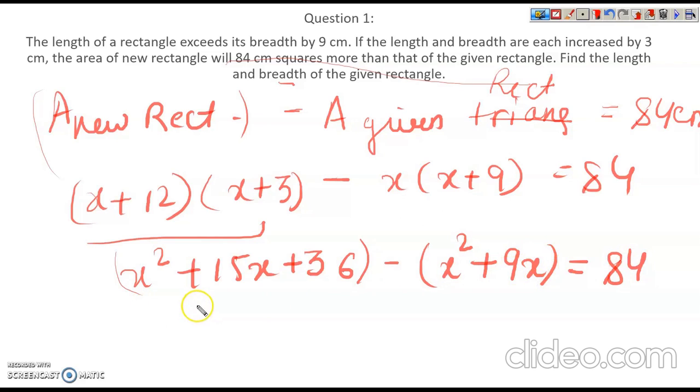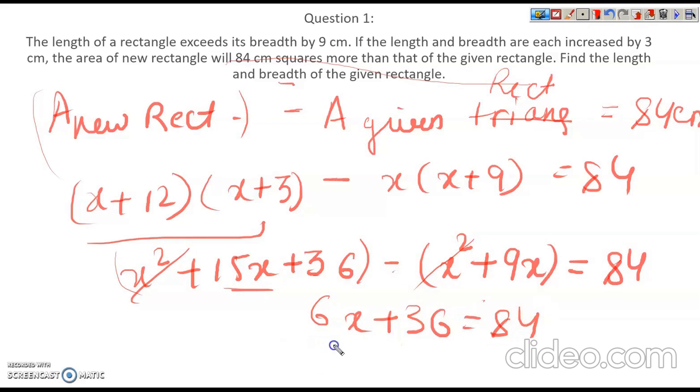Now, when we subtract them, x squared will cancel. 15x minus 9x is 6x, and 36 equals 84. So 6x is 48, because 36 will come here and it will be in minus.